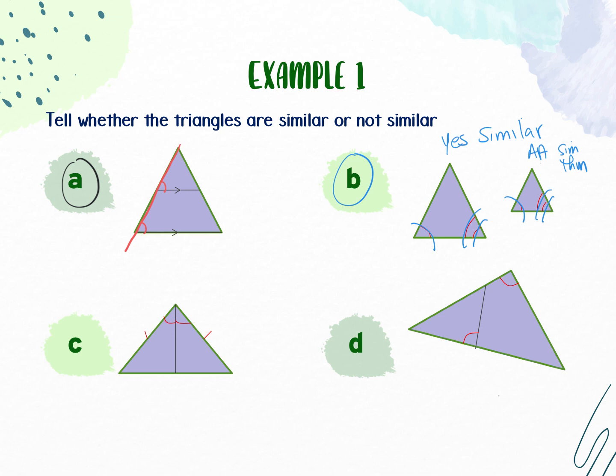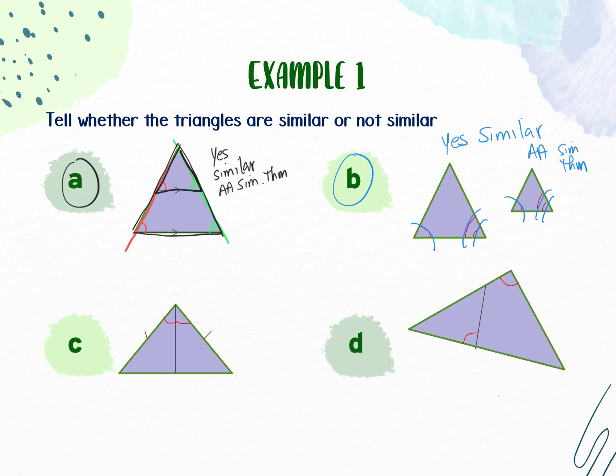So if I think of it in those terms, then I know that this green line over here is also a transversal, which means that this angle and this angle have to be equal. So what I've got going on here is a small triangle and a larger triangle, but I know that they have two pairs of angles that are congruent. So yes, these are similar, and again, it's because I was able to prove the angle-angle similarity theorem. So this recalls things that I have to remember about two parallel lines and a transversal.